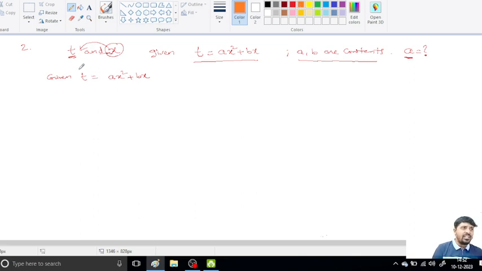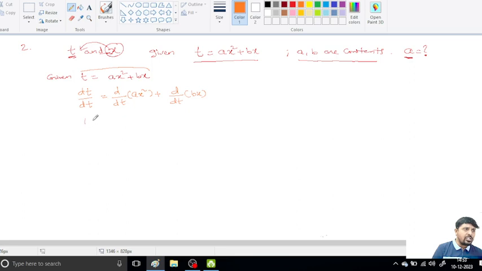Can I differentiate this equation with respect to x? Now, with respect to time. Now tell me, dt by dt equals d by dt of ax square plus d by dt of bx. Hope you understand what I am doing here. Because I have to get the velocity, and velocity will be attained only by displacement by time, that's why I am differentiating it with respect to time.